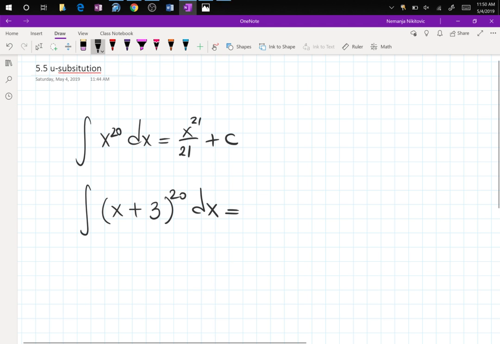You have 20 of these parentheses. They all multiply each other. So eventually, by tomorrow 4 p.m. you'll have it. And then you get to integrate each one of those and so on. So is there an easier way? And the answer is yes.